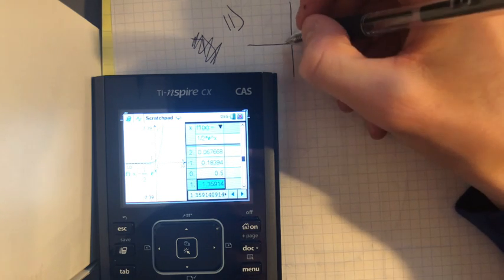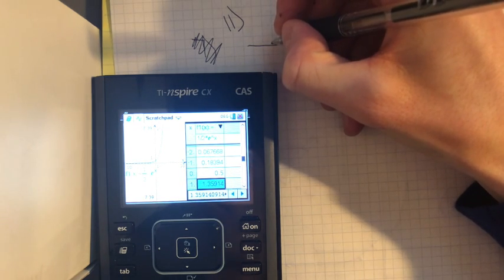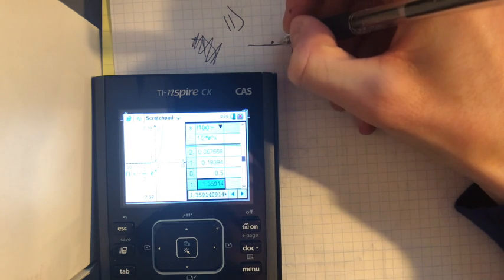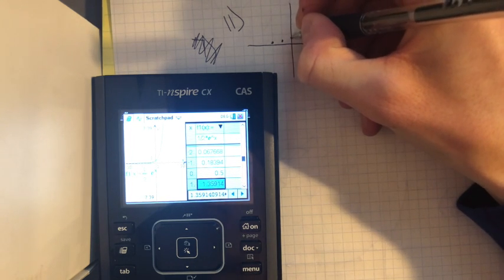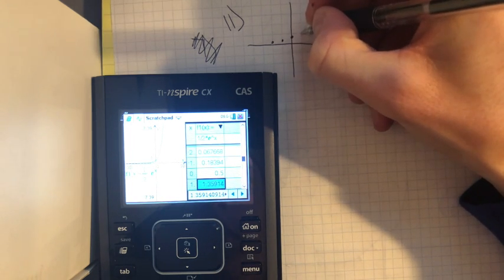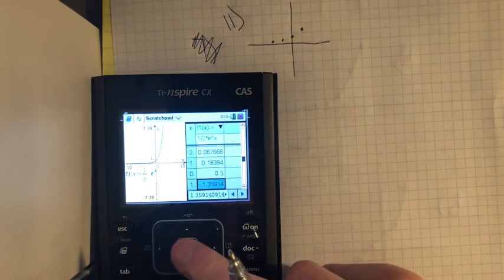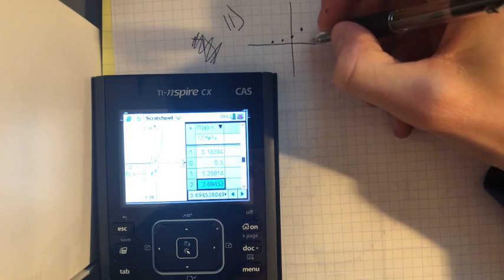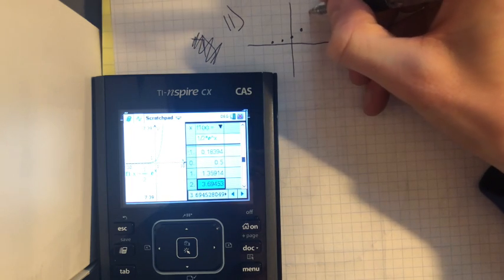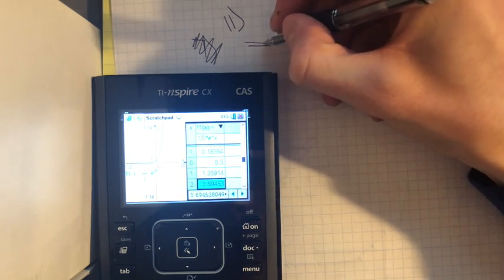So very close to 0. Put that right about there. Then we got -1 is 0.18. Then we got 0.5, 1.35, and 3.69. Right about there. Just draw that.